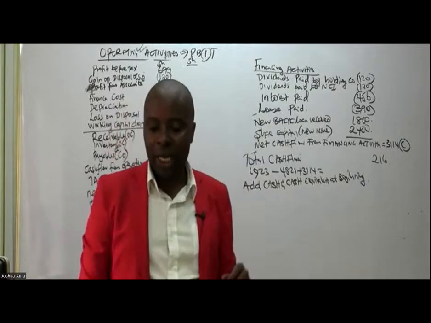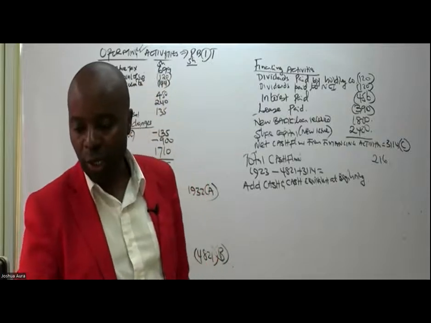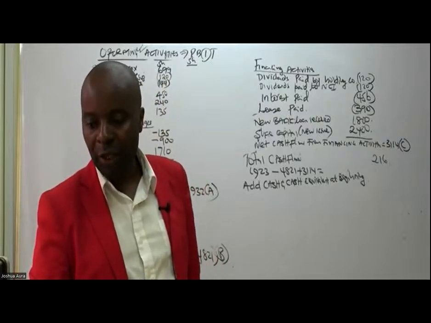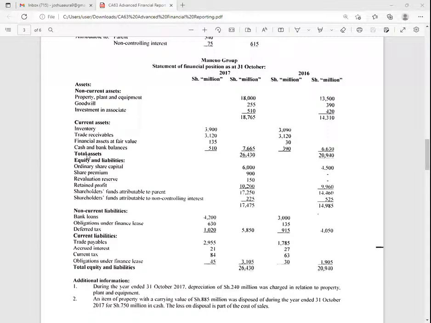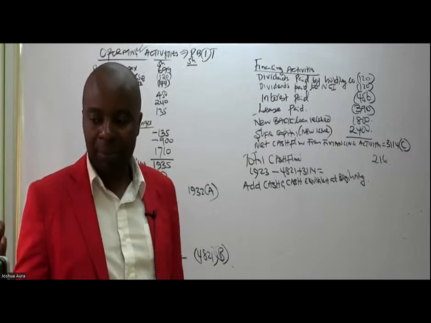So what do we mean with these cash and cash equivalents? It's quite easy. When we talk of cash and cash equivalents, ladies and gentlemen, if you look at your current assets, we have cash and bank balances, beginning is 390. And then we have financial assets at fair value, these are those monetary assets like the treasury bills. You can liquidate them anytime.